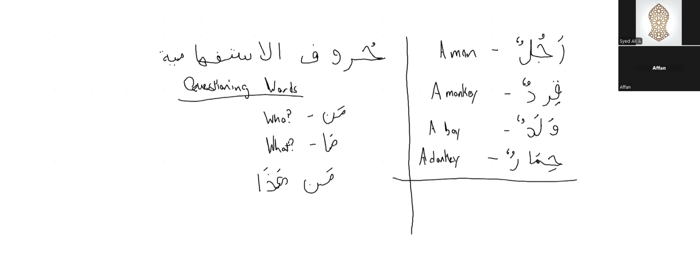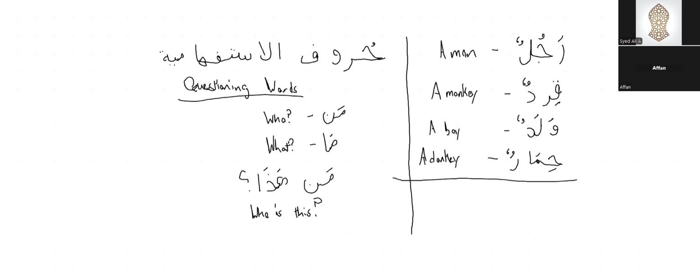And the question mark would be upside down. So this would translate to who is this? Right? Who is this? So exclamation mark, there you go.